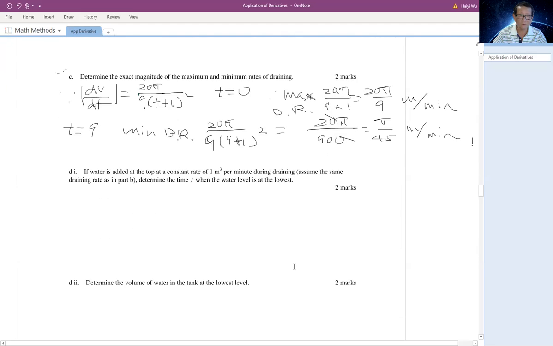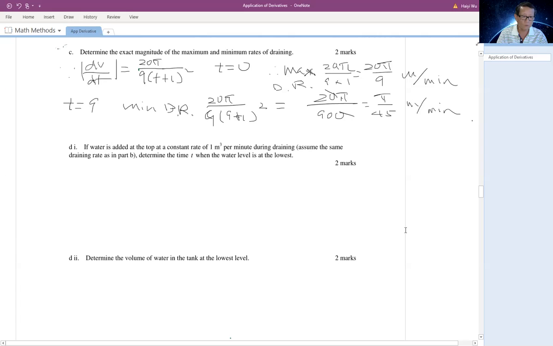All right, that's question C. Okay, let's do the next question. If water is added to the top, so we're adding water, not only draining, the adding rate of change is 1 meter cubed per minute.